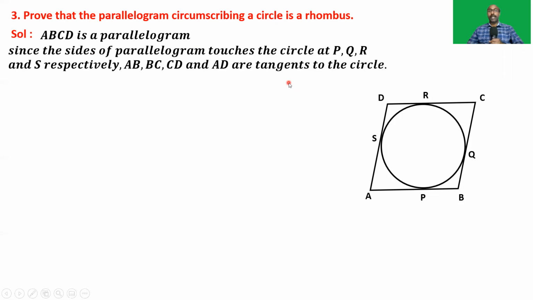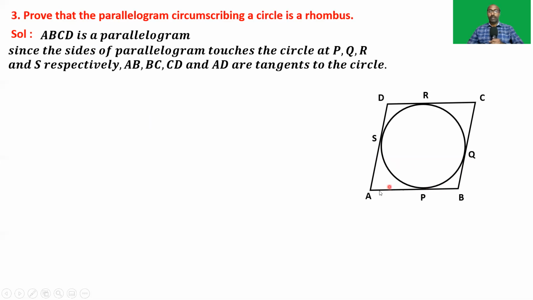Since the sides of the parallelogram touch the circle at P, Q, R, and S respectively, the lines AB, AD, BC, CD are tangents to this circle, isn't it? Because these lines are touching the circle, these four lines are tangents to the circle.